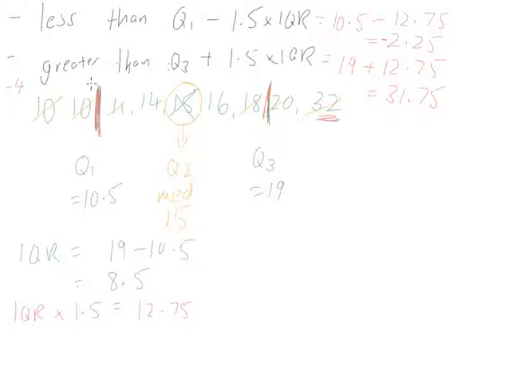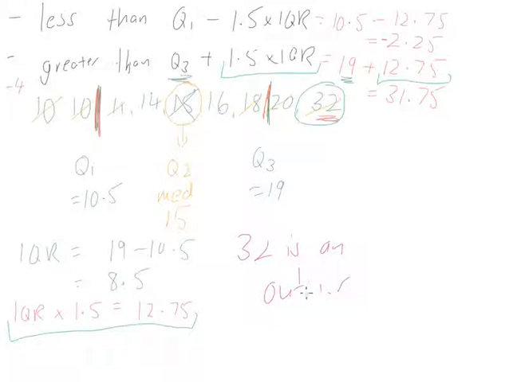So any score greater than 31.75 will be an outlier. So 32 here is an outlier. I can conclude that mathematically. 32 is an outlier.